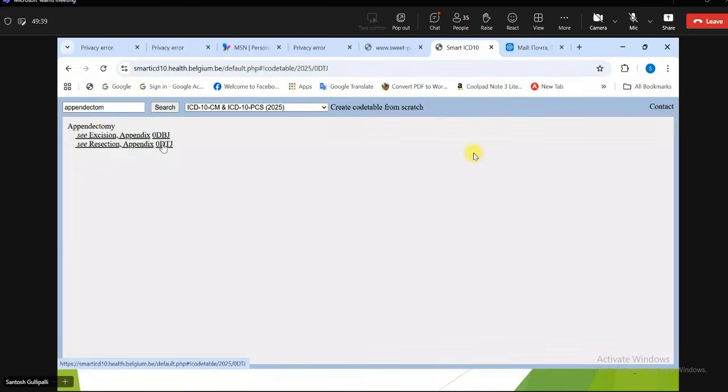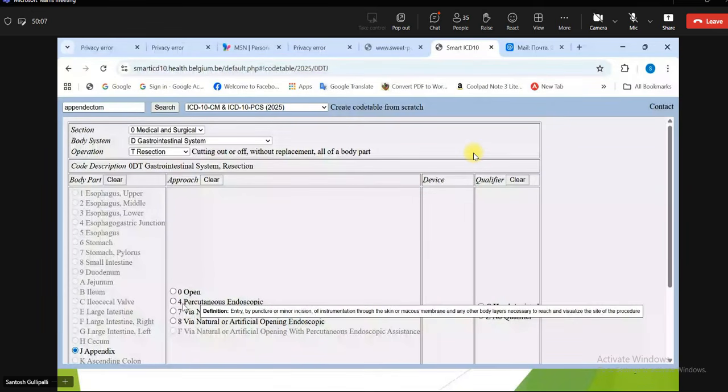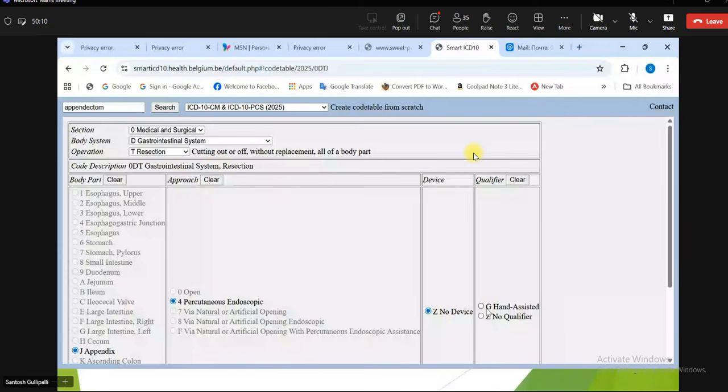We got the same as I told you earlier, right? 0DT. Next, the body part is appendix, so the character value is J. Next, the approach, laparoscopy. Laparoscopic means the approach is considered as open approach or percutaneous endoscopic approach? Percutaneous endoscopic approach. Next, no device and no qualifier. So the code is 0DTJ4ZZ, resection of appendix, percutaneous endoscopic approach.